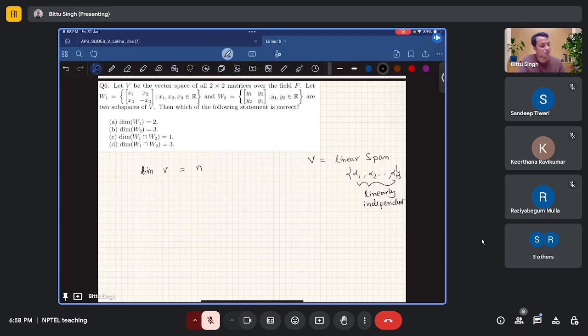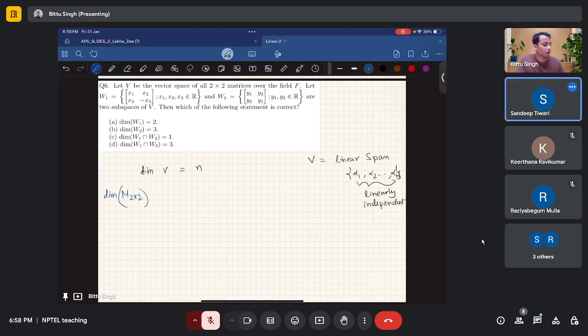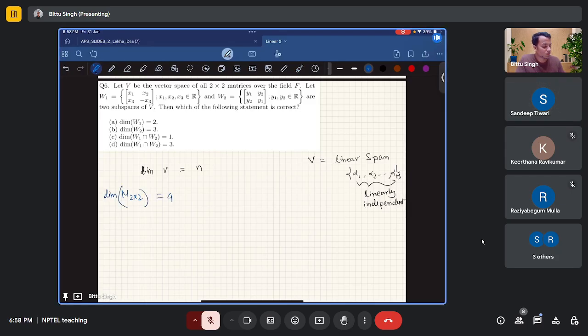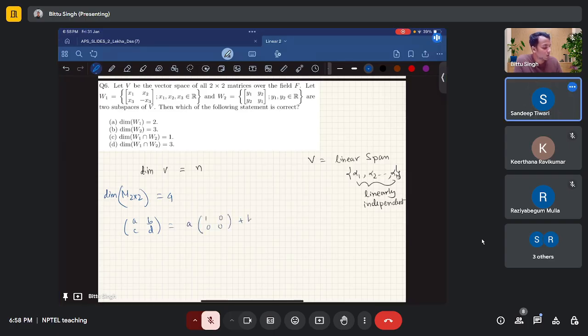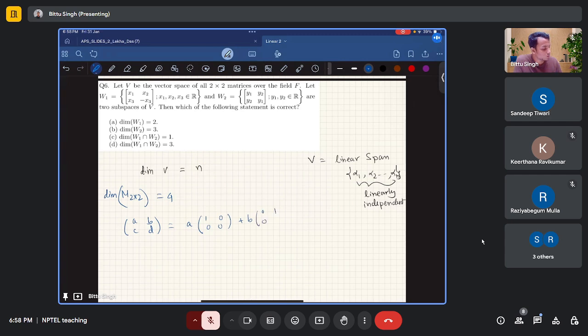For example, can you say what is the dimension of the set of all 2 by 2 matrices? 4. It is 4. Why? Because any matrix with entries A, B, C, D, you can write it as A times the matrix [1, 0; 0, 0] plus B times [0, 1; 0, 0], C times [0, 0; 1, 0] plus D times [0, 0; 0, 1].